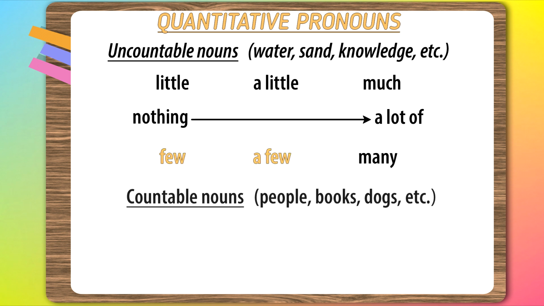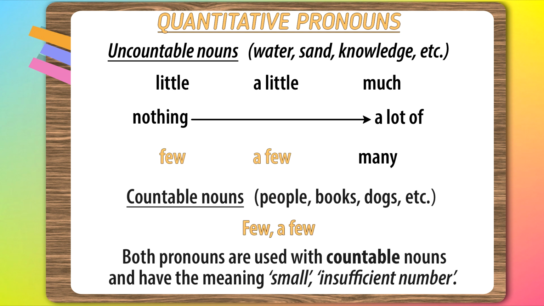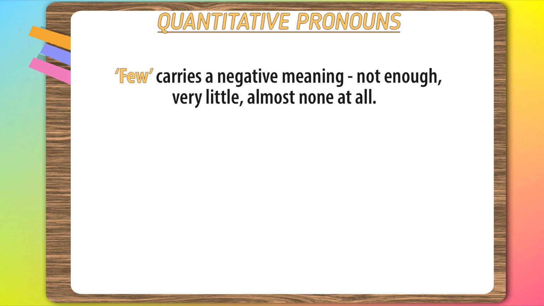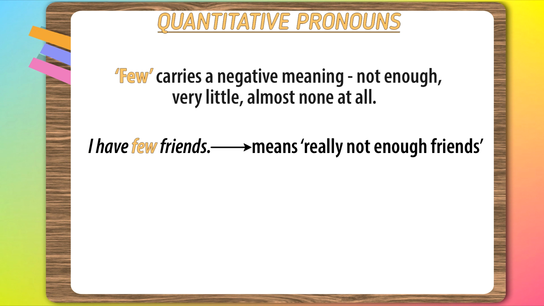Few and a few. Both pronouns are used with countable nouns and have the meaning small and insufficient number. What is the difference? The difference is the shade of meaning, which is easy to remember. Few carries a negative meaning, not enough, very little, almost none at all. For example, I have few friends, which means really not enough friends.